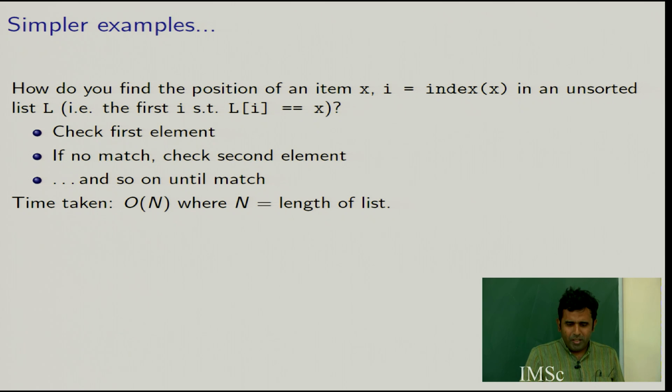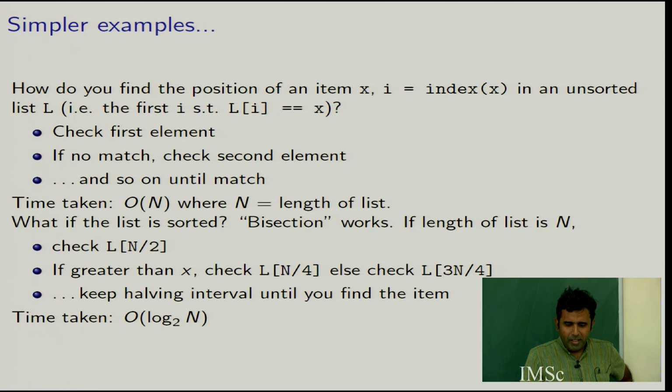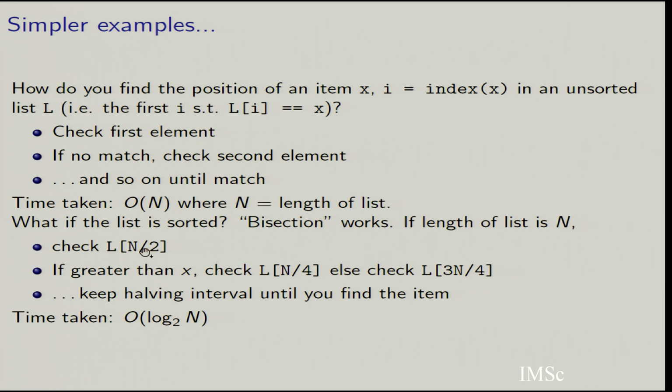What if the list is sorted? Then you can do it much better by what is called bisection. You take the list and check the halfway point. If it matches, then you just return it, that is your answer, but probably it will not match. If the halfway point is greater than x, then your element is in the first half of the list, and now you bisect that.